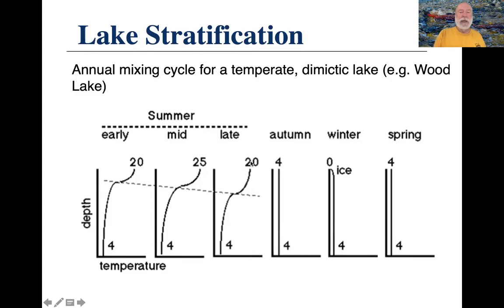And, as this cools further, down to 15 and 10 and so on, the lake will start mixing deeper and deeper as the temperature and density contrast between top and bottom decrease. Until eventually the surface waters have the same temperature as the bottom waters. So we have the surface waters at 4 degrees Celsius, the bottom waters at 4 degrees Celsius. And at this point, the wind can come along and blow, and the lake will readily mix right from top to bottom.